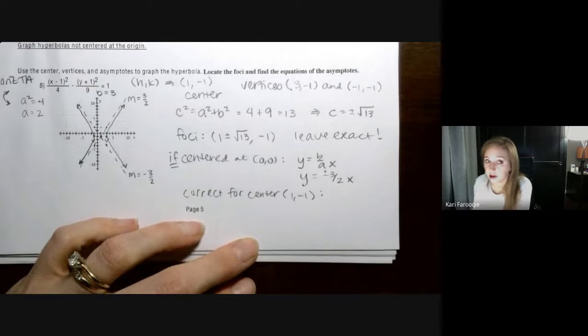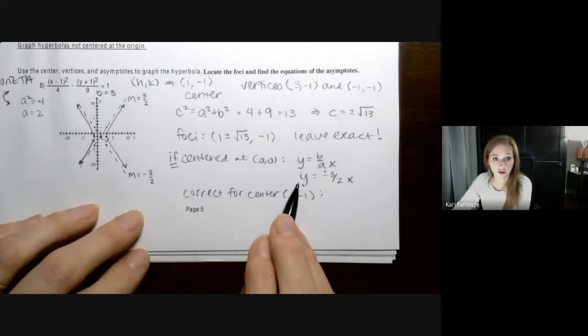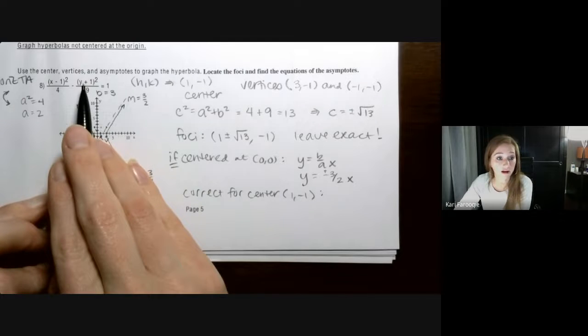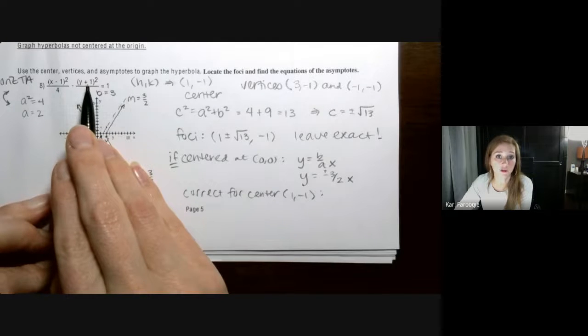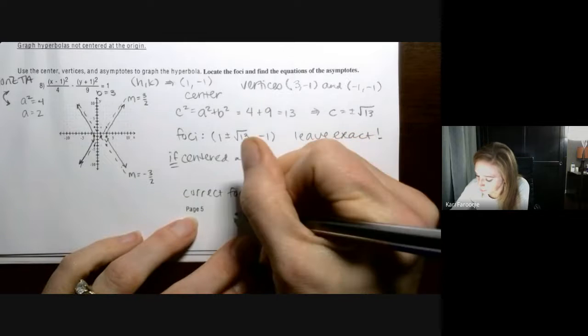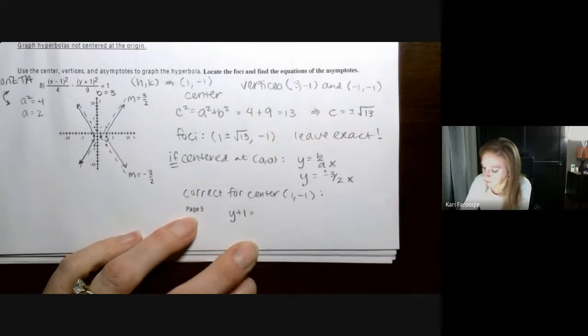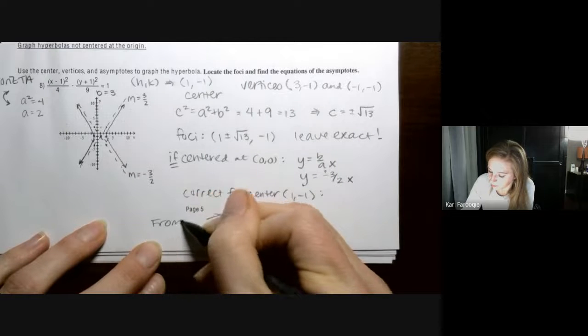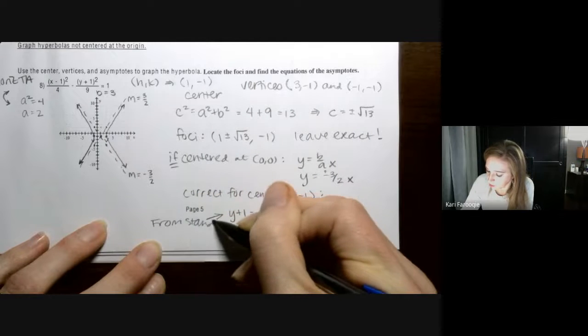The way you're going to write this is instead of using y equals, you're going to go back to your original equation, y plus 1. So this is from standard form equation.